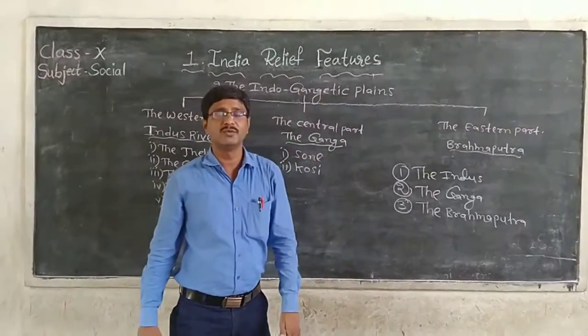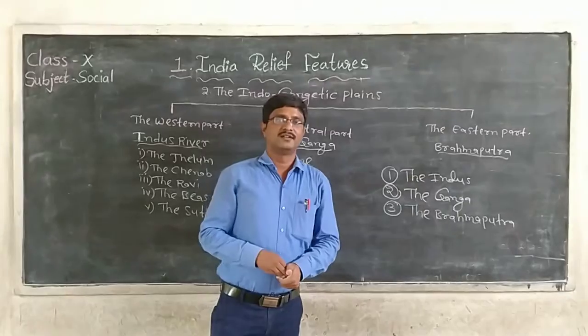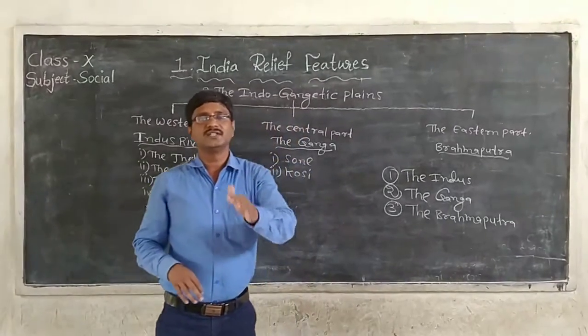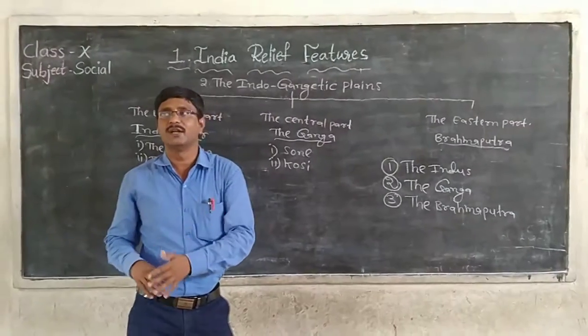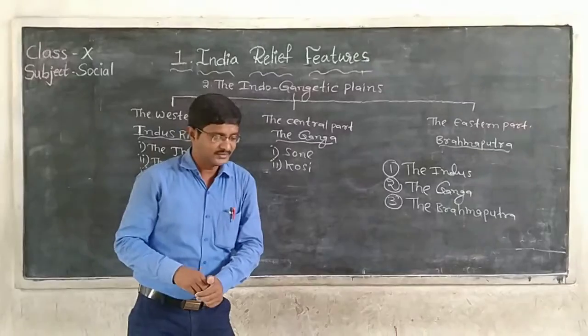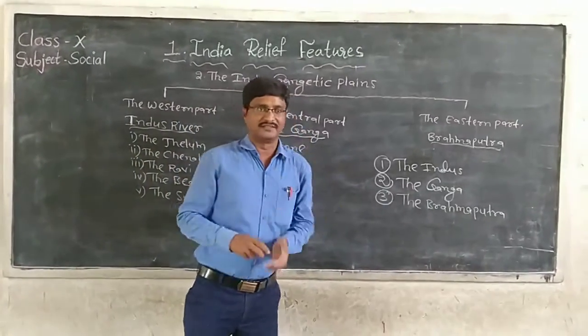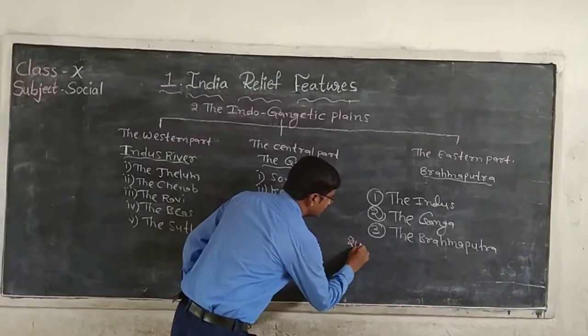Now tell me, what is the reason for the formation of the Indo-Gangetic plains? The interaction of the three Himalayan rivers, Indus, Ganga, and Brahmaputra, is the reason for the formation of the Indo-Gangetic plains. So in the beginning, about almost 20 million years ago.